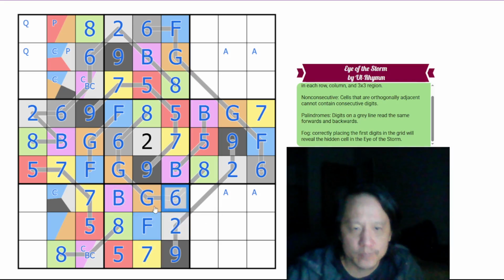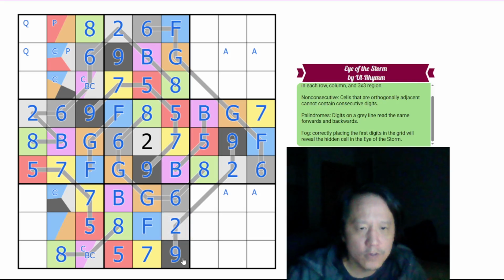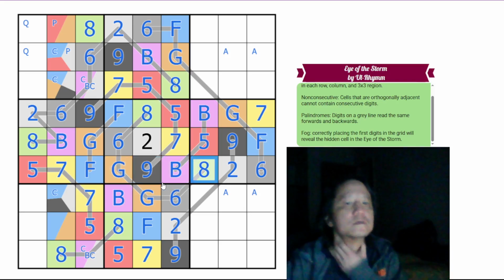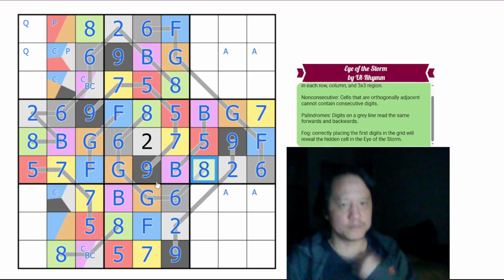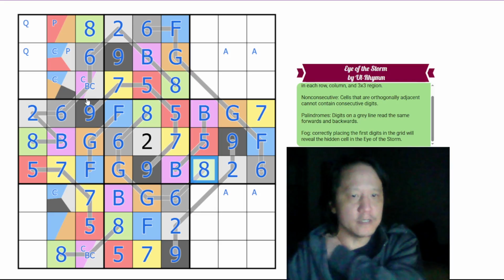Okay. So we're looking for 1. 1 is either B, G, or F. Cannot be F. So 1 is B or G. C is 2.